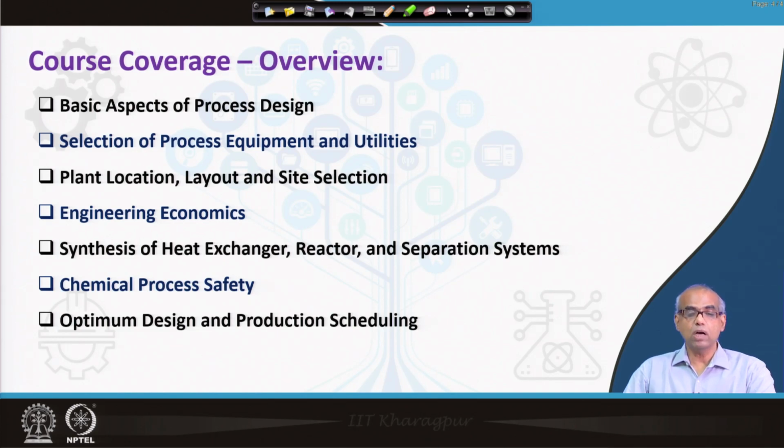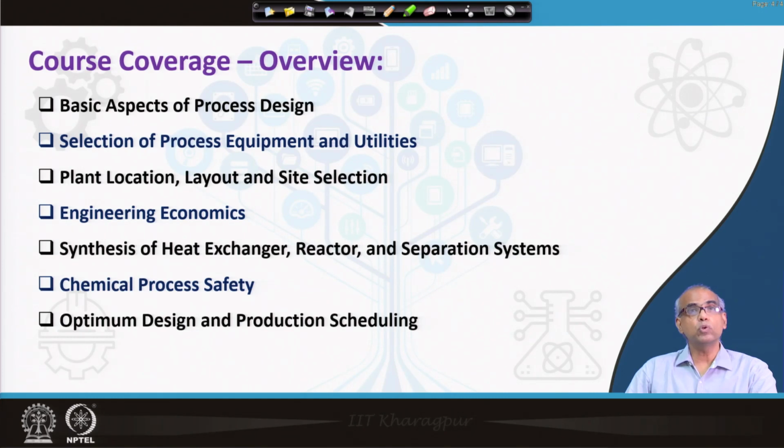This will be the course coverage. This is the broad overview. We will start with basic aspects of process design. We will know how to select process equipment, how to select utilities. We will also learn how to select plant location, how to do plant layout and site selection. We will learn about engineering economics.